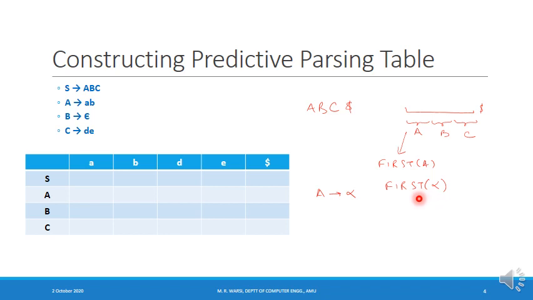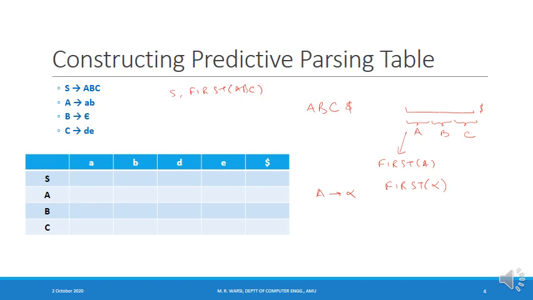Now let us use this idea for constructing the parsing table. Where will I add this production in the parsing table? I'll be adding it at the location S comma first of ABC.